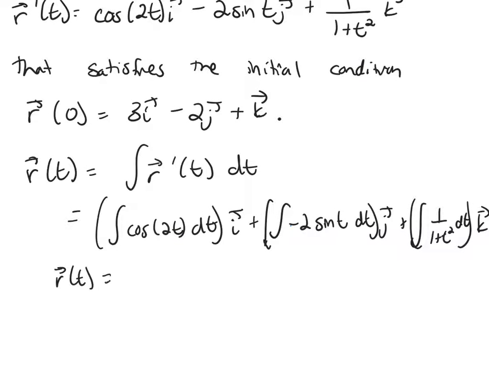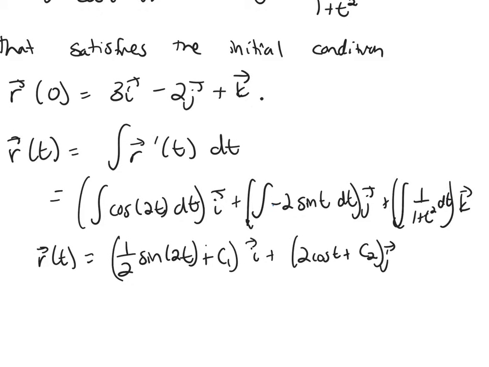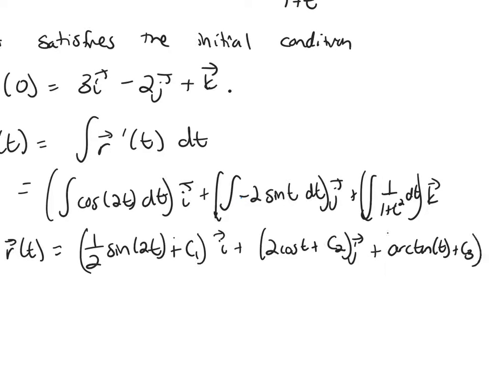For r of t, you have to do a u substitution for this one. You would get 1/2 sine of 2t i, plus our first constant, c1 i, plus 2 cosine t plus c2 j, plus the integral of this would be arctangent of t plus c3 k.